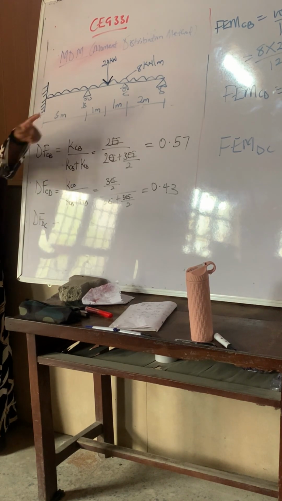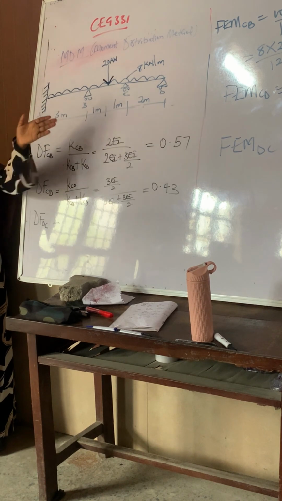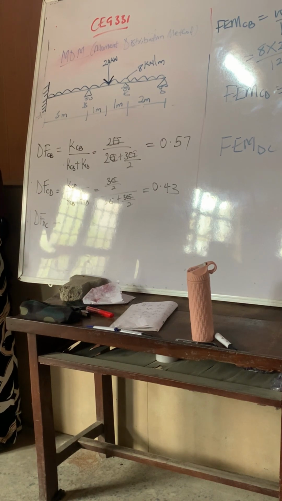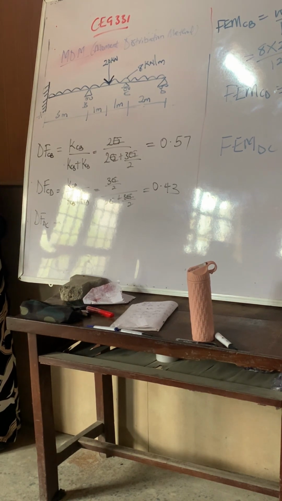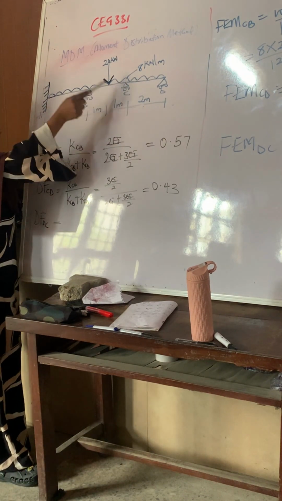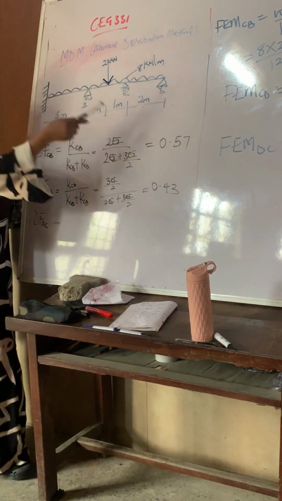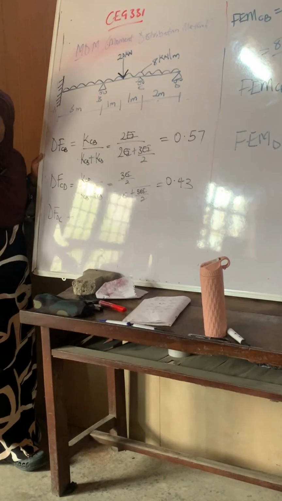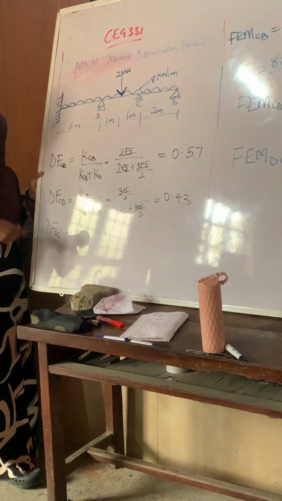At point D, how many spans? What are your members at point D? At this point now, like at point C, we went backward and forward. At this point now, we are going backward. Do you have anything to go forward? So it's going to be what? So KDC over KDC.